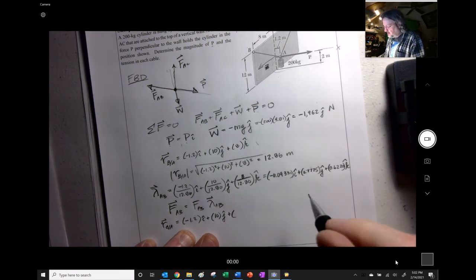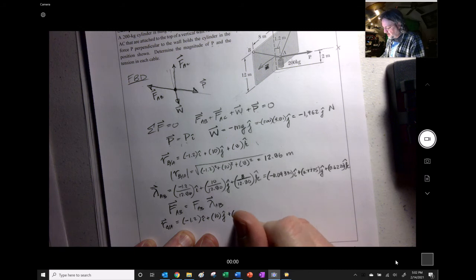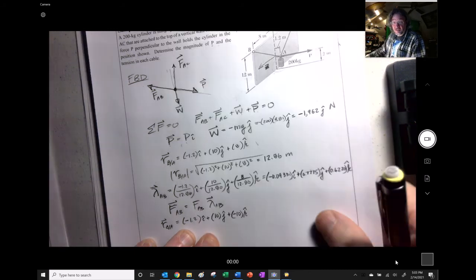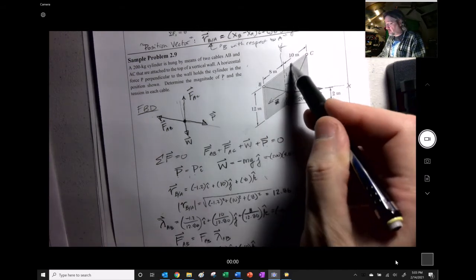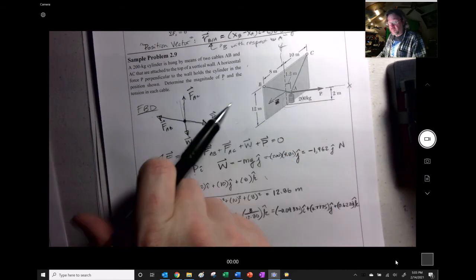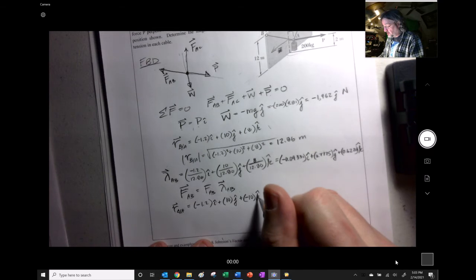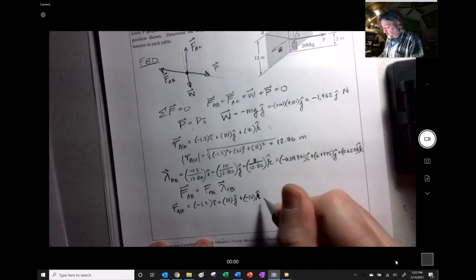The z is now going to be in the negative 10 k direction. So let's slide that down here. You can see that it's going in the negative z direction.